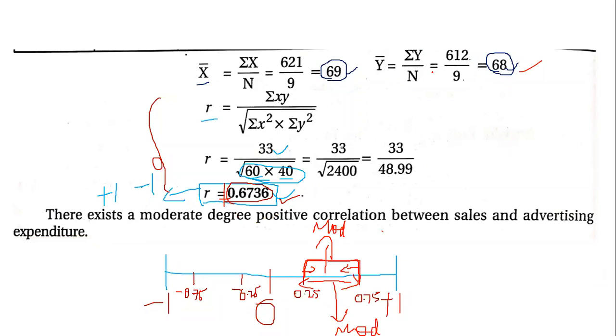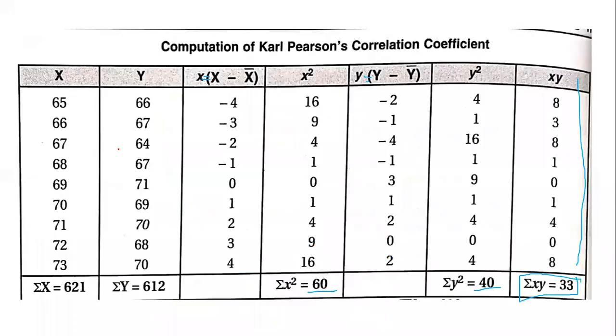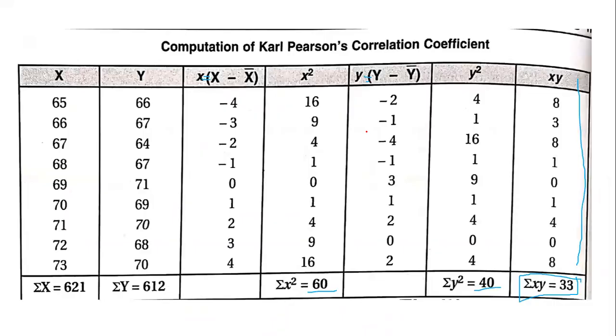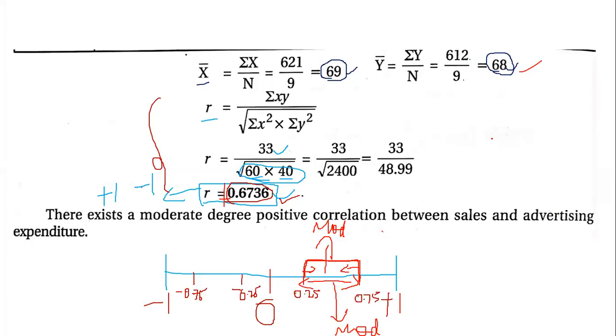Between what? There is positive correlation, but between what? Go back to the question and read the question carefully. Between sales and advertising expenditure. So here, when you come back, write the conclusion properly. There exists a moderate degree positive correlation. How did we get this? By doing this analysis.